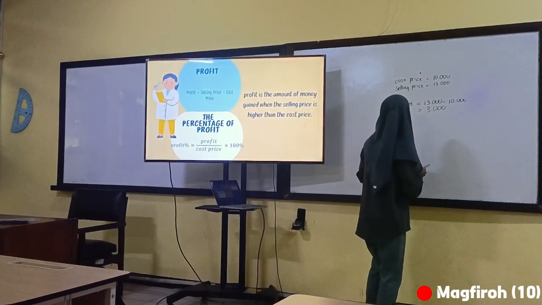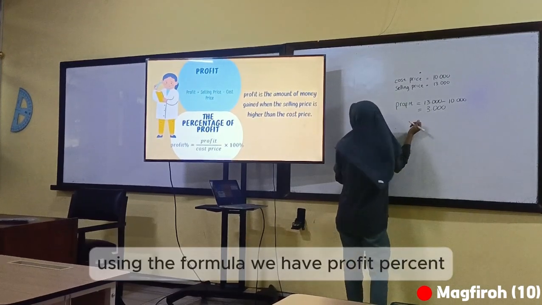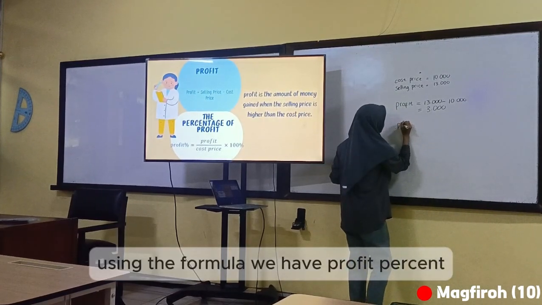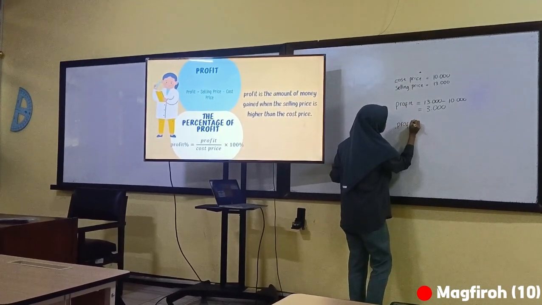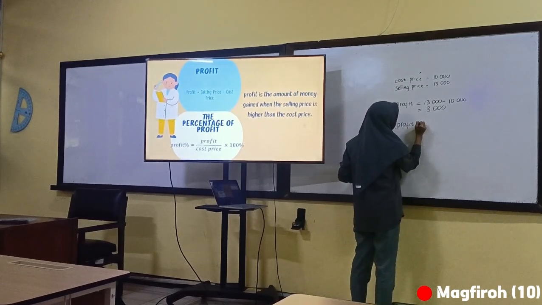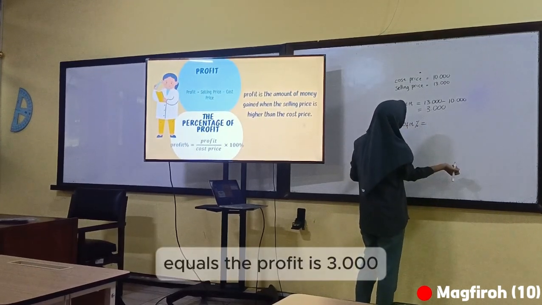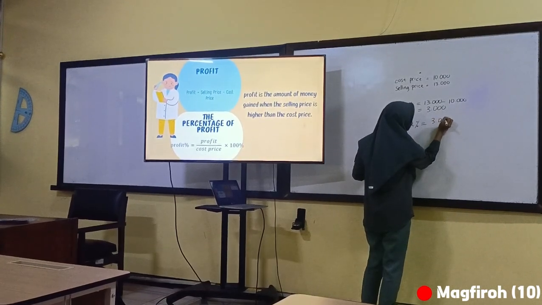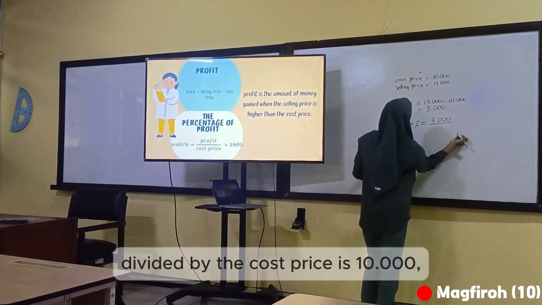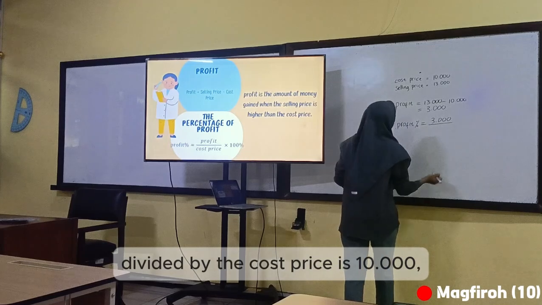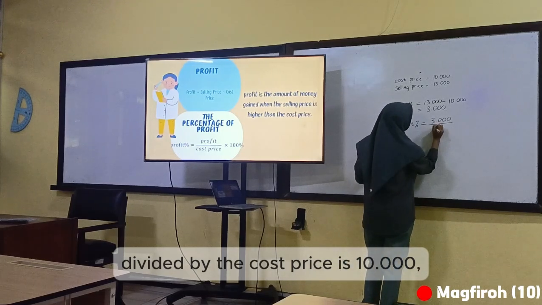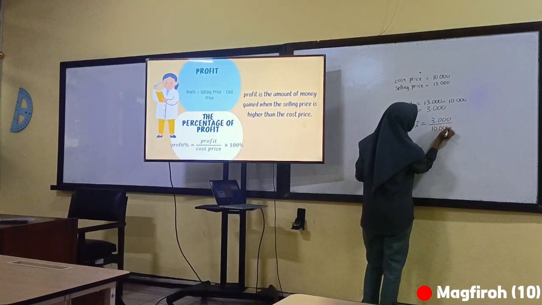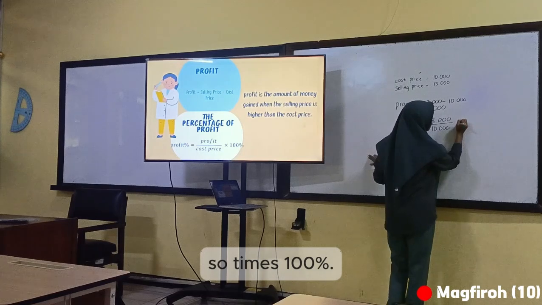So, using the formula, we have profit percent equals the profit, 3,000 rupiah, divided by the cost price, 10,000 rupiah, times 100%.